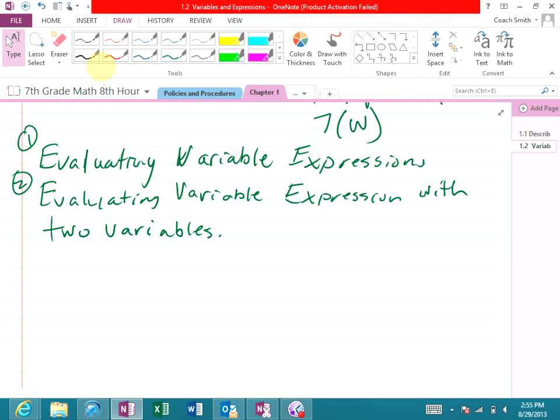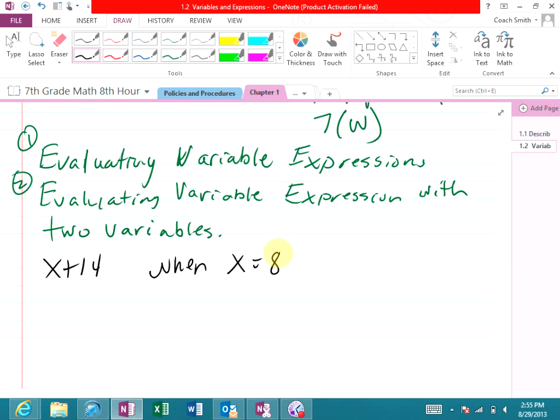Let's say I have x plus 14 when x equals 8. Okay, so give me the equivalent expression that I could use for that. In other words, x plus 14 and x is equal to 8. How could I write that if I know x is equal to 8? Nicole?